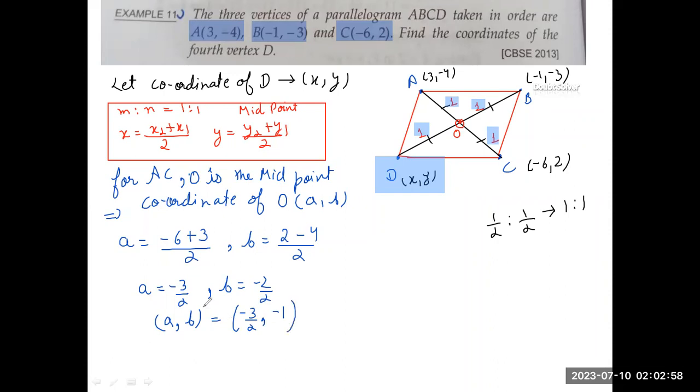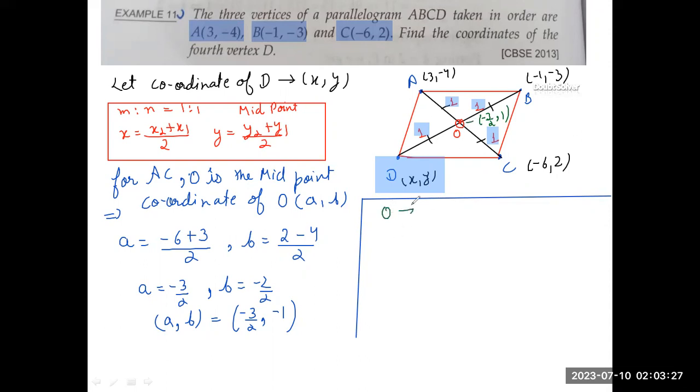Let me erase this one. That was just for general understanding. Okay, so I got the coordinate of O as (-3/2, -1). Now, if we go with this line BD, again O is the midpoint.